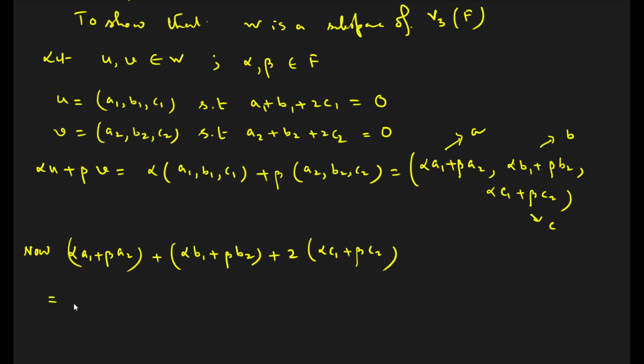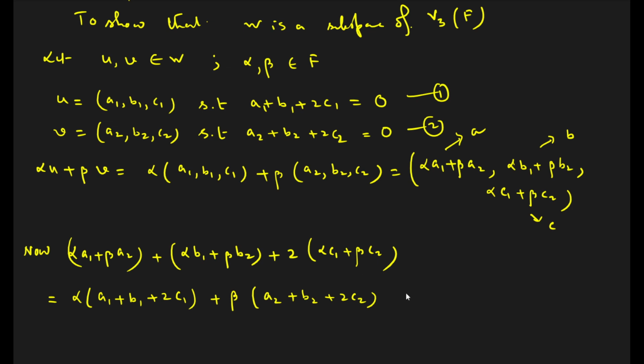Okay. Now can we take alpha common? If we take alpha common, what we'll get? Alpha times A1 plus B1 plus 2C1. Similarly, let us take beta common. What will we get after taking beta common? A2 plus B2 plus twice C2. Now you see this is equation 1 and this is equation 2. From equation 1, the first part is 0.